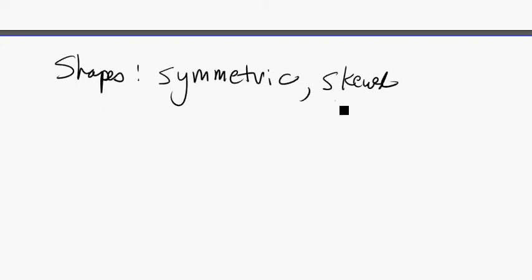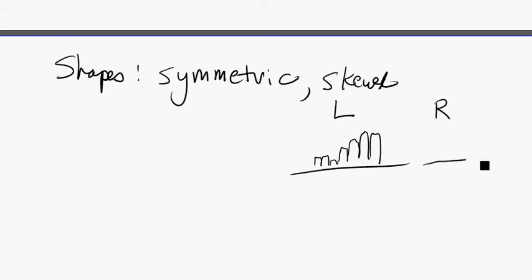So I'm going to say that a skewed left distribution is lower on the left, might look something like that. A skewed right distribution is lower on the right.